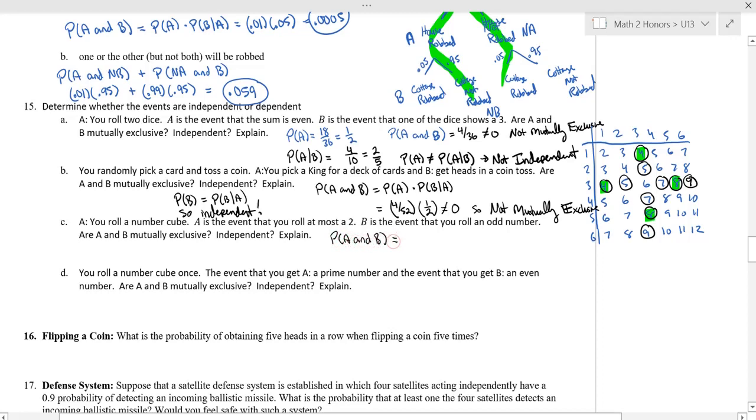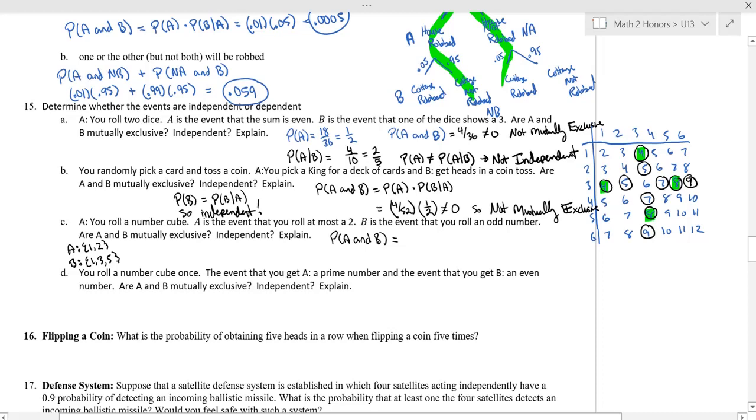What does at most 2 mean? 2 or less. So A is the event that you get a 1 or a 2. B is that you roll an odd number, so that can be a 1, a 3, or a 5.